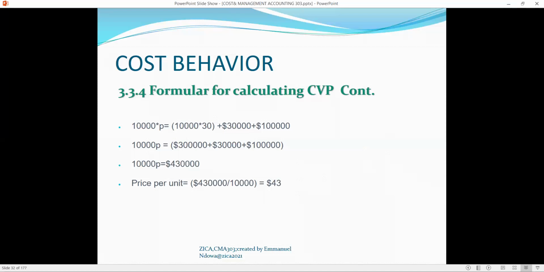So we come up with 530,000, which is the amount that is going to equalize with 10,000 units multiplied by P. So in order to remain with P, we need to say 530 divided by 10,000. How much do we get?